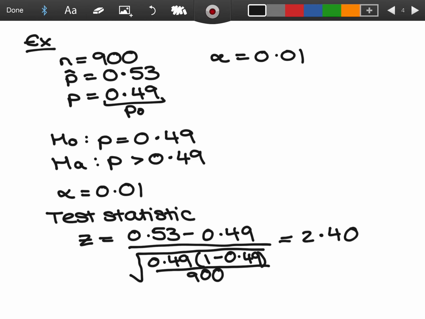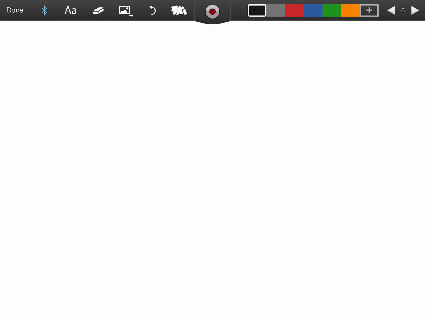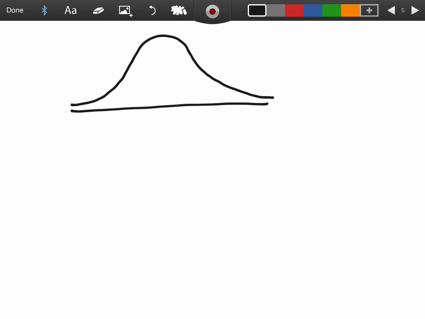Now what I want to do is figure out my critical value. We have here a right-tailed test. It is one-tailed and it is right-tailed because we have a greater than. So our tail is going to be off to the right, and we have a significance level of 0.01.